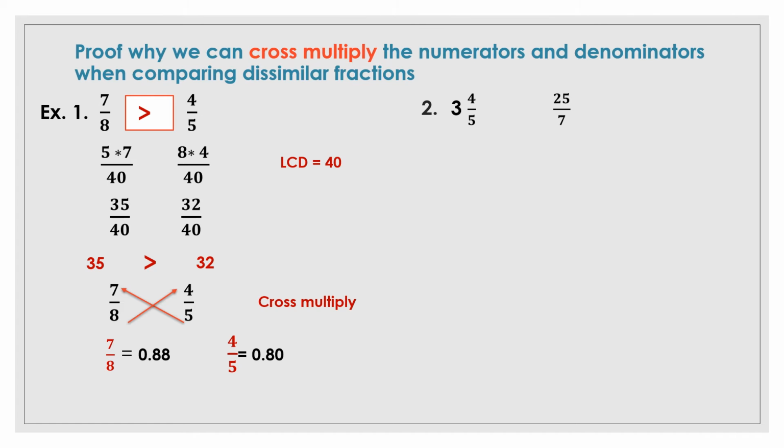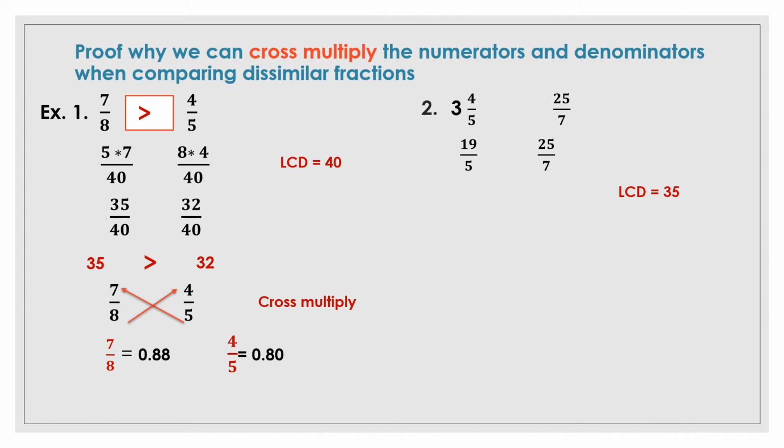Number 2, 3 and 4/5 at saka 25 over 7. So, kung i-convert natin sa improper fraction, 5 times 3 is 15 plus 4 is 19. So, 19 over 5 ito. Sa kabila naman, we copy this 25 over 7.